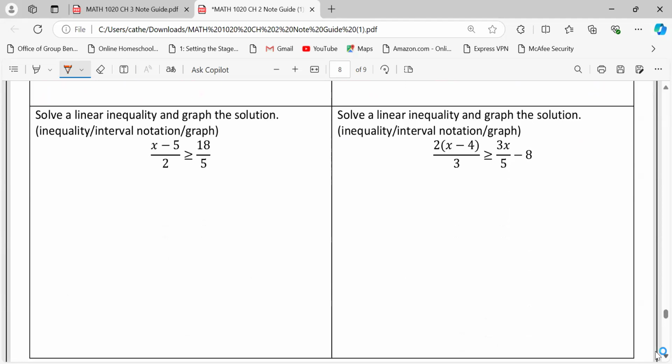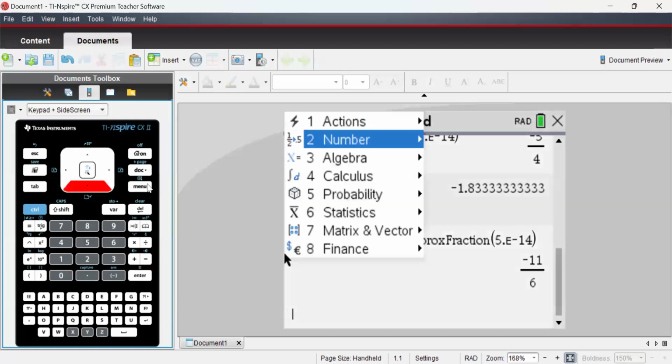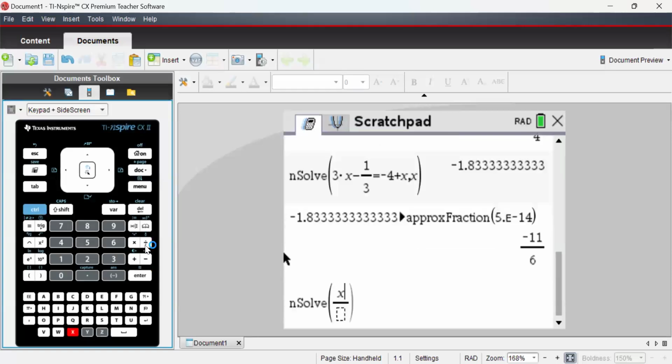All right. We have two more of these. Let's flip over for this one. So menu, algebra, numerical solve, and I'm starting with a big fraction bar.